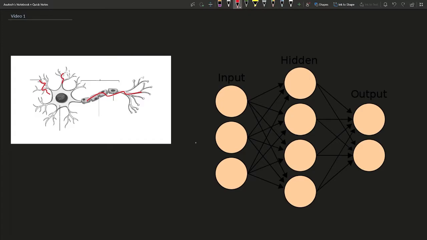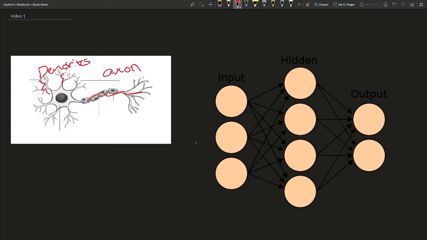We should start labeling these. This right here is called the axon of the neuron. These are called the dendrites of a neuron. You don't really have to know what the names are, but I'm putting a name to them just because we can. These dendrites are simply inputs.